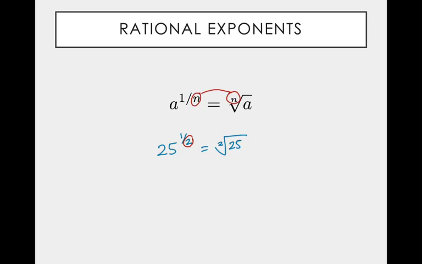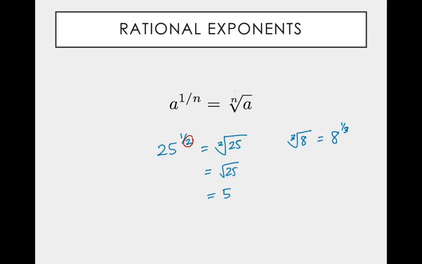Now we don't normally write the 2 there when it's a square root, so this is just square root 25, which is 5. And also if you had the cube root of 8, if you want to go the other way, we could write that as 8 to the 1/3. Okay, so this is a way you can get a calculator to do other kinds of roots other than a square root, is to use a fractional exponent.